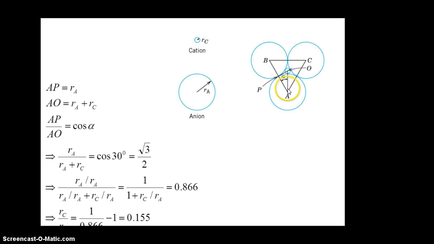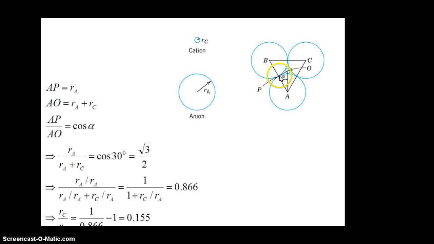I'm going to draw a line from the center of one of the anions, let's say point A, to the center of the cation, and let's call that point O. If I draw a line from O to the line AB, then clearly, since AB is a line from the center going to the other center, OP would be tangential to either circle.